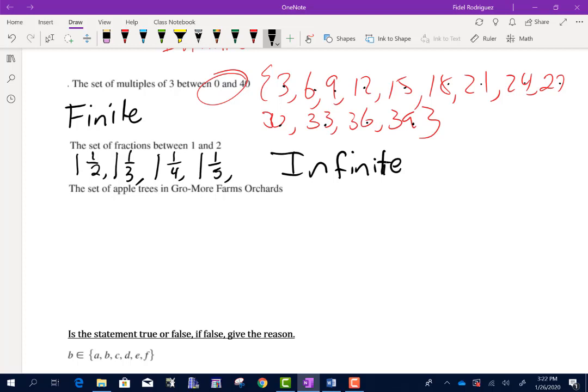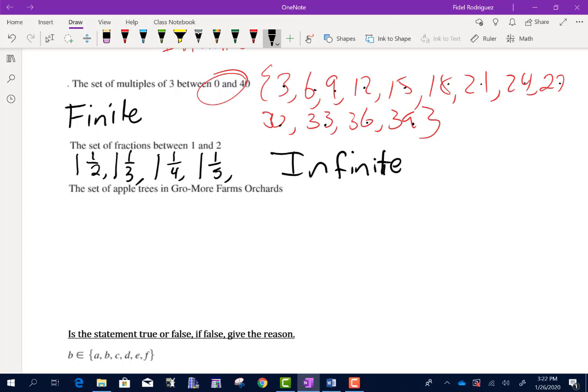And the set of apple trees in Grow More Farms Orchards. Okay, so here in the valley we don't have apple trees, but we do have citrus groves, right? So we could drive down, say, to Mission, drive down 107, go over there by La Homa Road. There's going to be an orchard there, and it might take all of us.